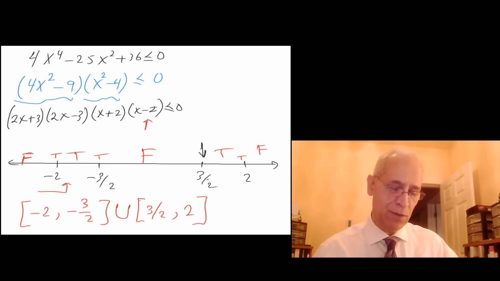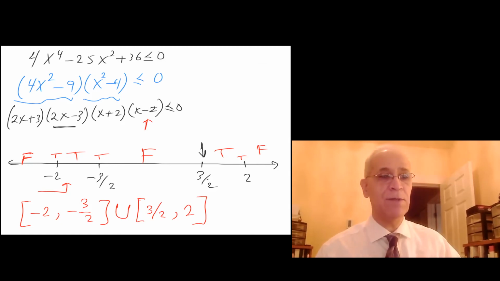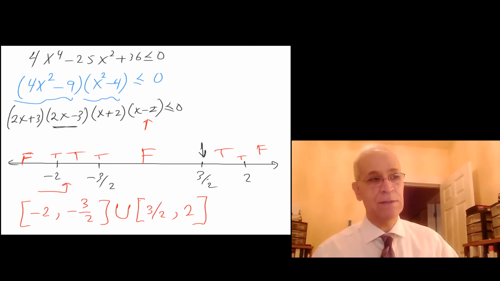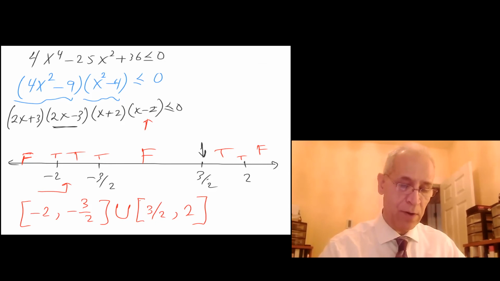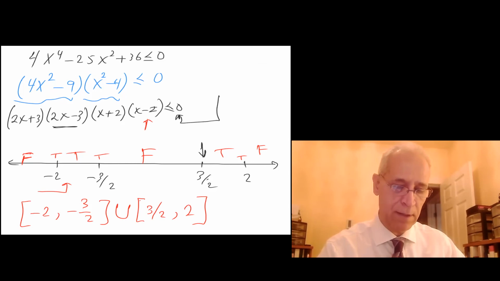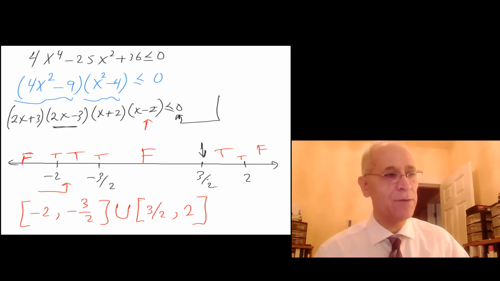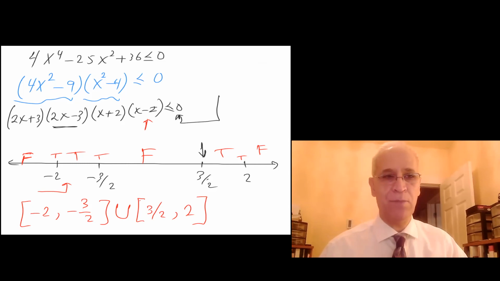If I plug in 3/2 in here, I get a 0. 0 times anything is 0. I also didn't need to actually do any work for that because this is a polynomial. This is not a rational function. So I do have an equal sign here, smaller than or equal to 0. So therefore, all my critical points are included.